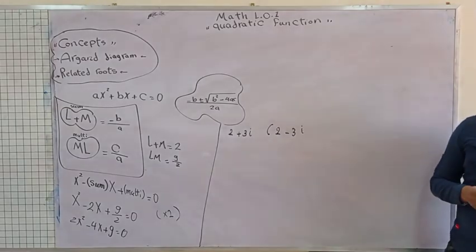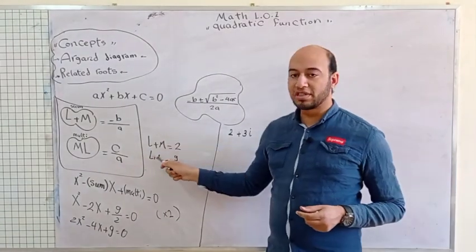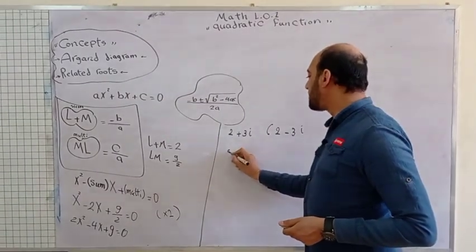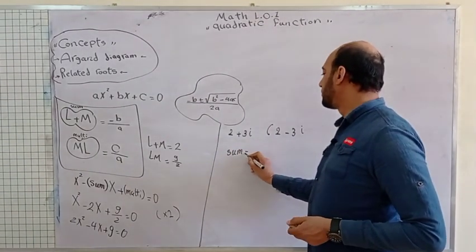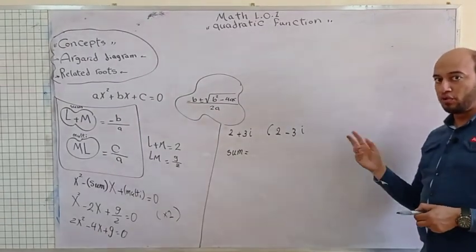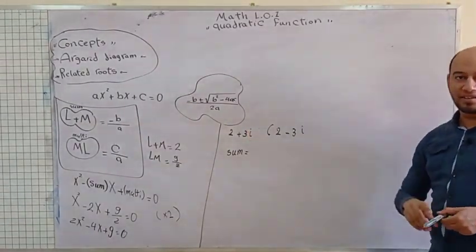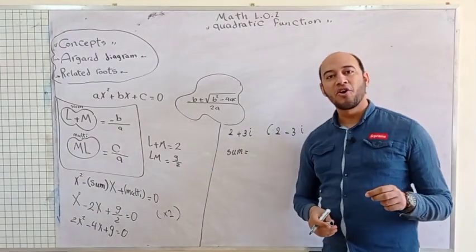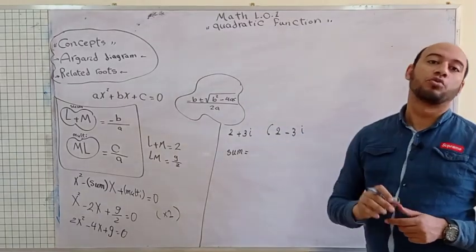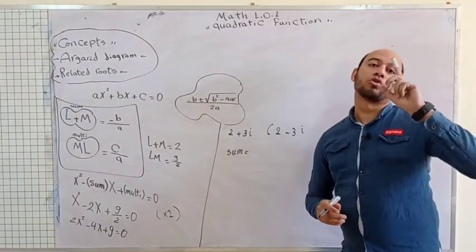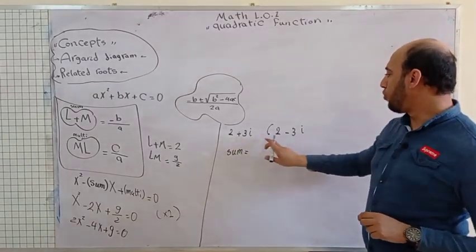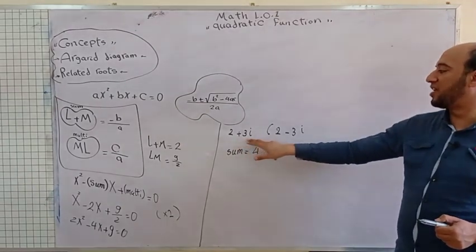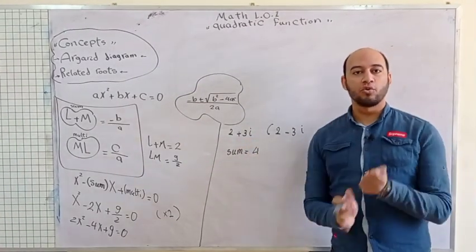Now, to make the equation, we will get the sum of two roots and the multiplication of two roots. Firstly, the sum: when we add complex numbers, we add the real part to the real part and the imaginary part to the imaginary part. 2 plus 2 equals 4, and positive 3i minus 3i equals 0.